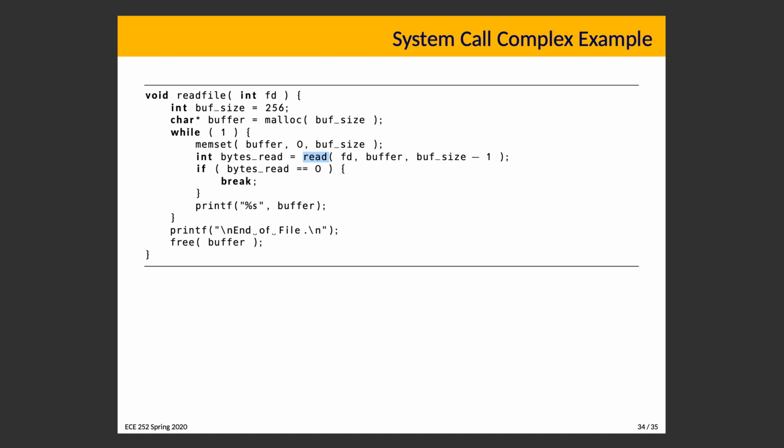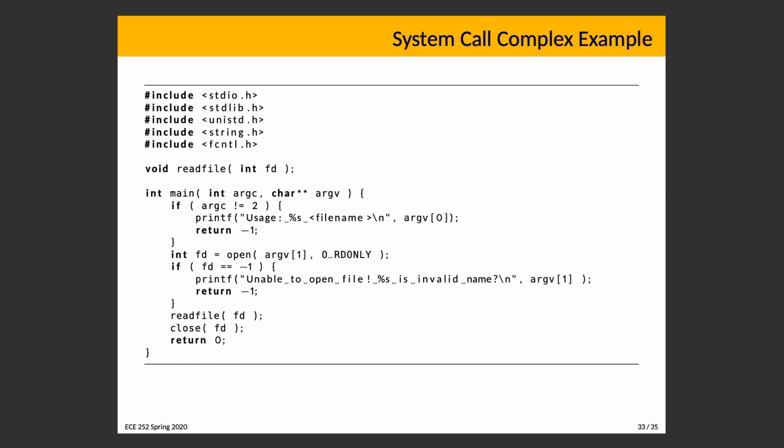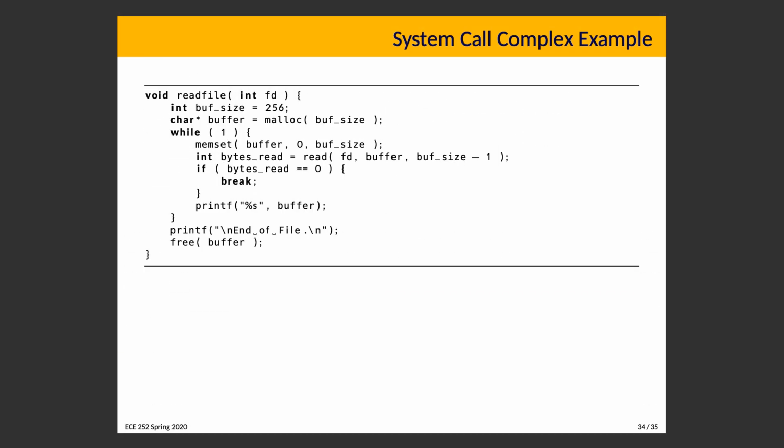Okay, so looking back over this example, what things were system calls? Well, going back to main, open is a system call. Printf actually requires us to ask the operating system for some help because we're printing to the console, so it's not as straightforward as it sounds. Close is a system call as well, and read is a system call, and so is free.